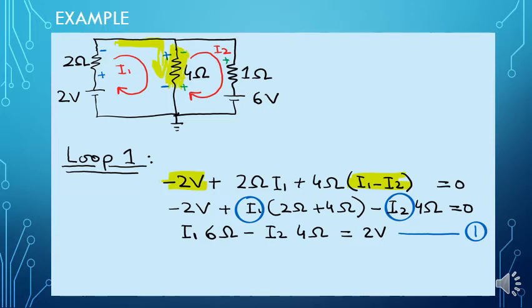Similarly, we will separate I2 from this equation. This is equation 1, the final form of our equation: I1 times 6 ohms minus I2 times 4 ohms is equal to 2 volts. This is called the first equation, or the loop 1 equation.